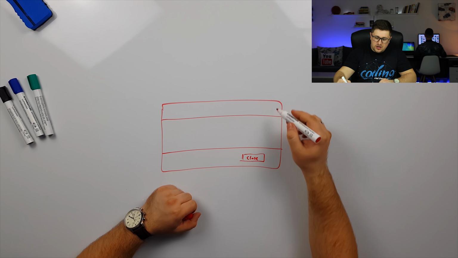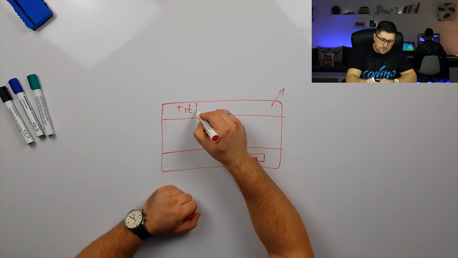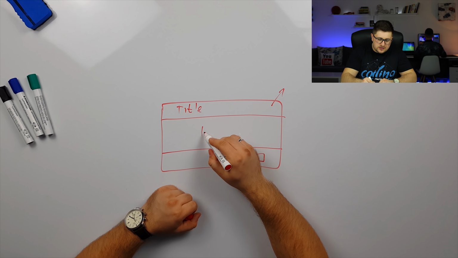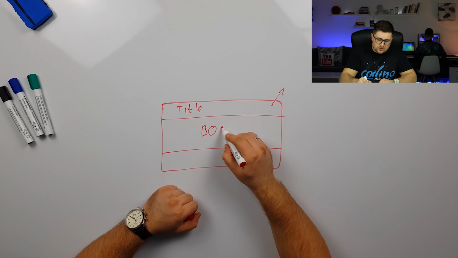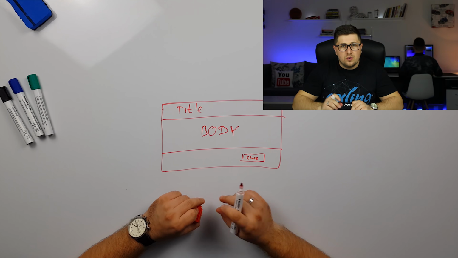In the header we usually put some title, and the body is where we put the body of your modal. So before you start creating those, always remember we need to define the modal, the title, body, and the footer, and that's it.